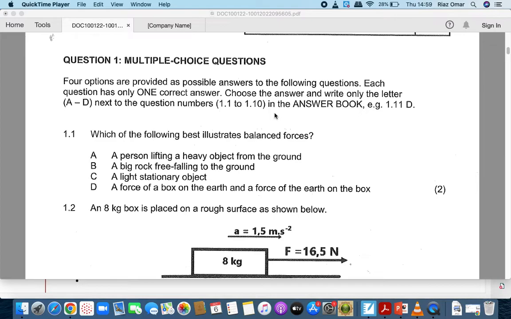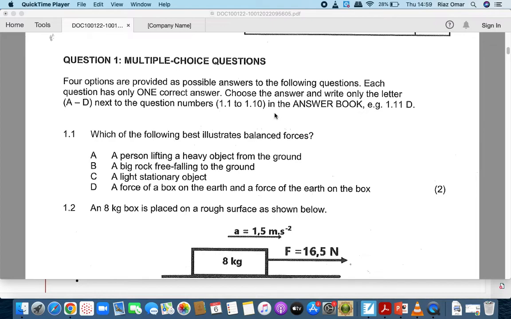C, a light stationary object. There are forces acting on it in such a way that the forces are balanced. So a single object that is stationary looks like a good answer to have. And D, a force on the box by the earth and a force of the earth on the box. Again, there's two objects involved, so that won't apply.